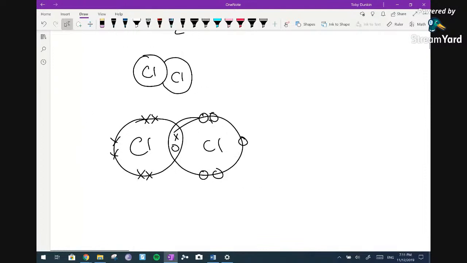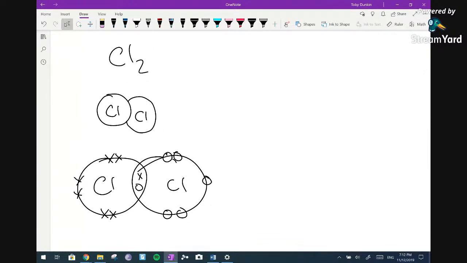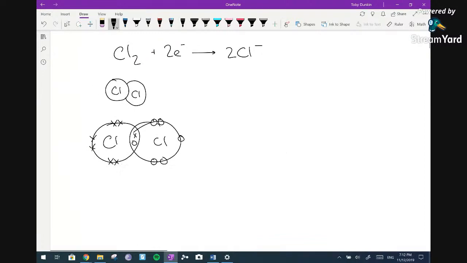Now, this is not an ideal scenario. They would much prefer to gain their own electrons rather than sharing it, which means they're going to gain, and in this setting, it's going to gain 2 electrons because we're going to form 2 Cl minuses. Just to show you what's happening here is that the atoms are being split to become individuals.